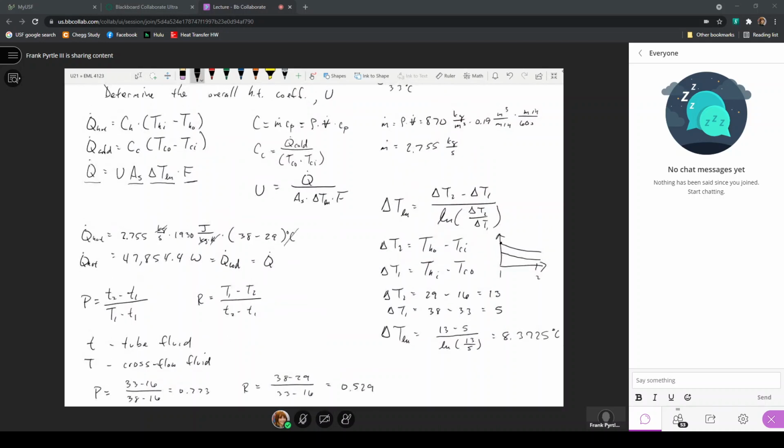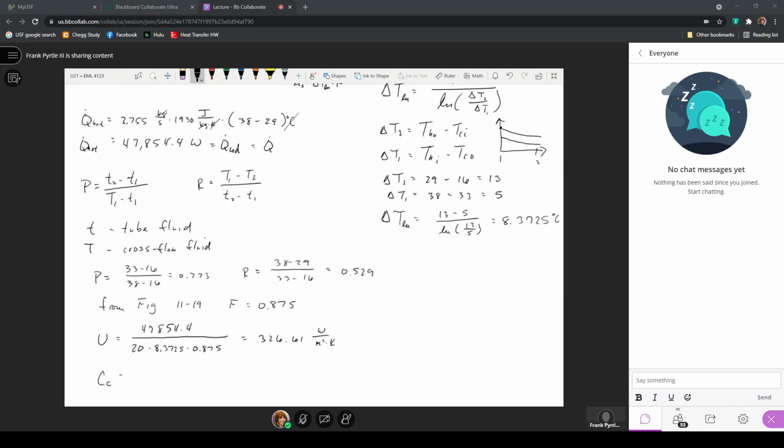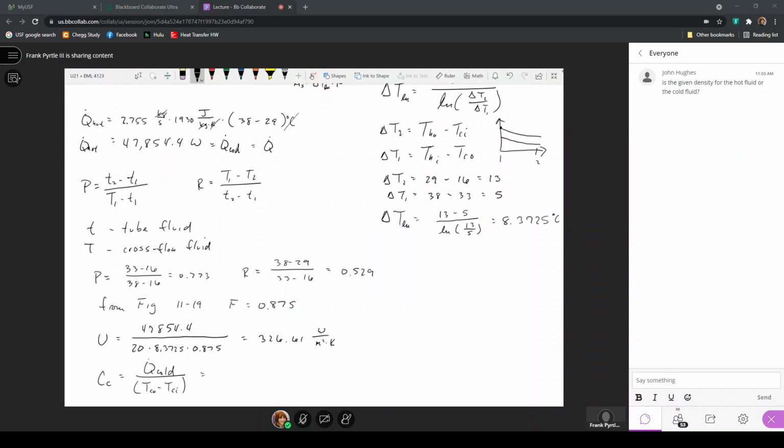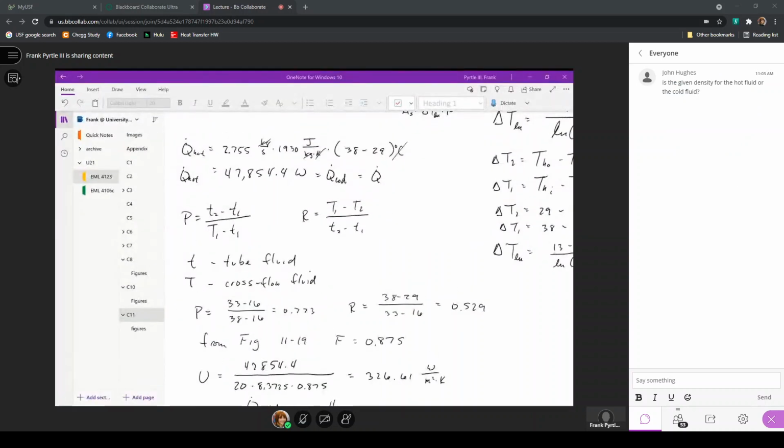Because we were given information about the hot fluid, we could get its capacity rate. The capacity rate for the cold fluid would be the heat transfer rate into the cold fluid divided by T cold out minus T cold in, where our heat transfer rate out of the hot fluid we already calculated.